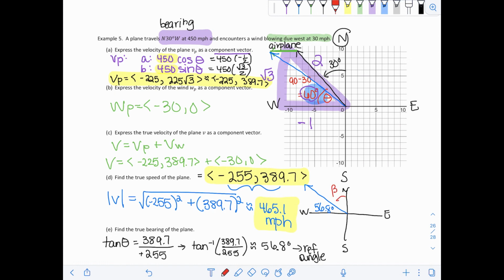I'm going to call this angle right here beta. To find it, I could do 90 minus 56.8, which is 33.2 degrees. So then to convert this to bearing would be north 33.2 degrees west. And that's the final answer for this one.